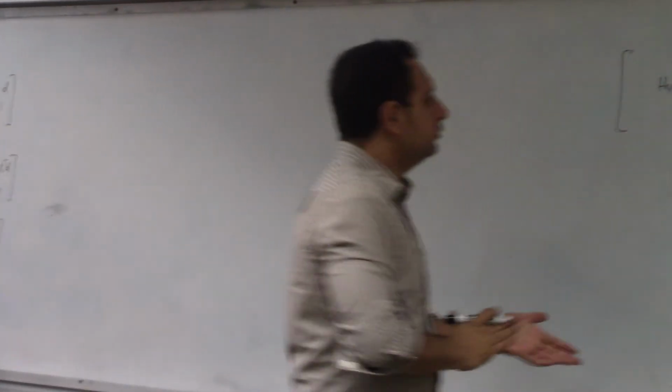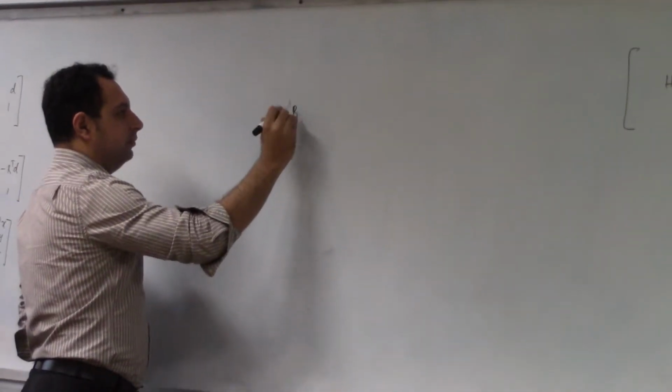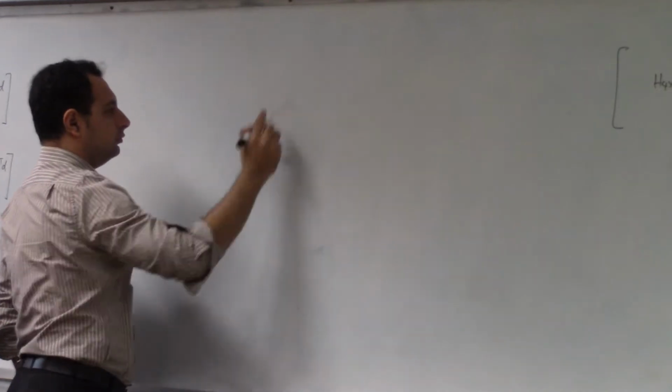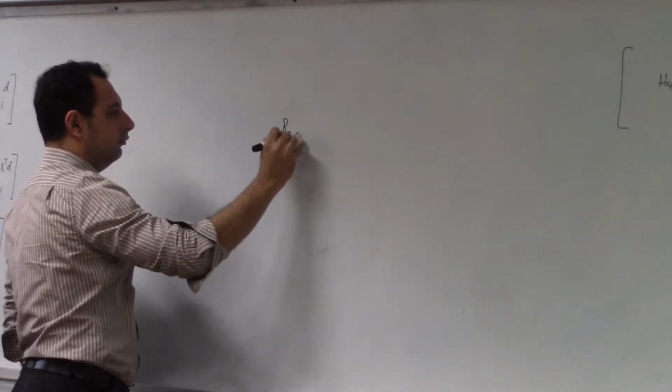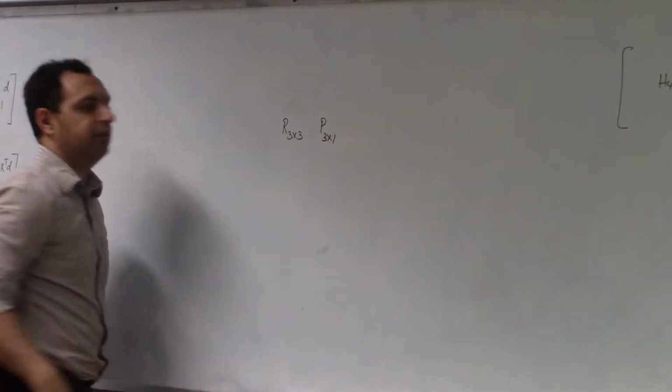So what you erased, the P is equal to 0, 1, 2. When you have an R3x3 matrix, it's okay to multiply with a point, which is 3x1, which is P transpose.